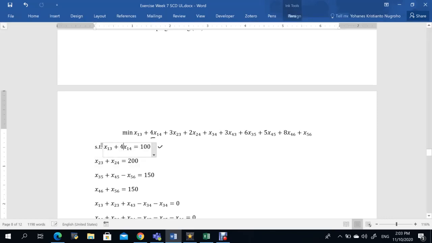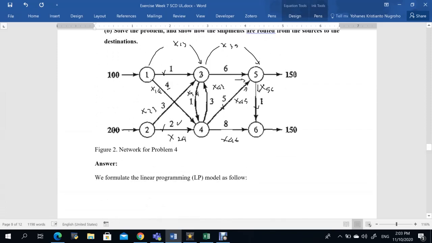It should not equal 4 because it is only a mass material balance, meaning that transportation from node number 1 to either 3 or 4 or both 3 and 4 should not be higher or lower than 100 because no inventory is available or permitted in station or node or point number 1.